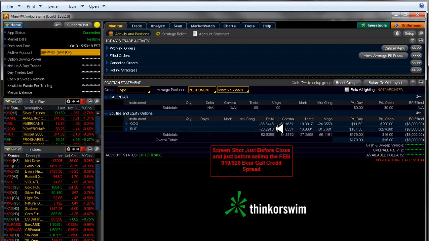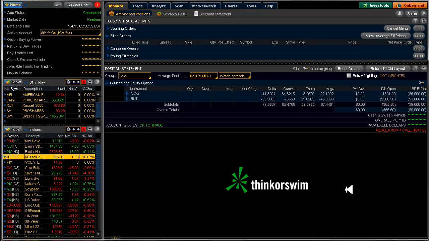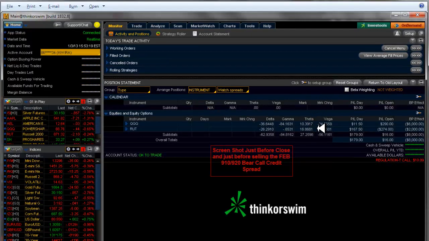Looking at deltas, we are negative 26, which is hot deltas and giving us upside risk. And I added more upside risk by doing the bear call credit spread, because I'm limiting my upside even though it's at 910. So that increased my deltas. Theta's at 21. Here theta's at 16.